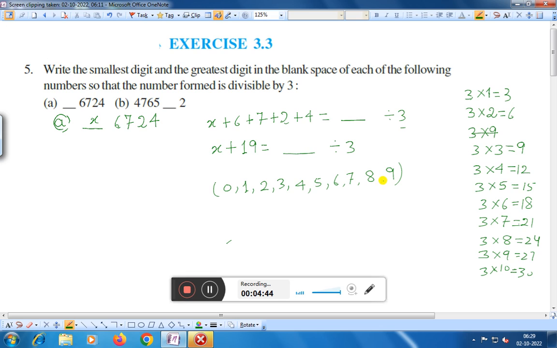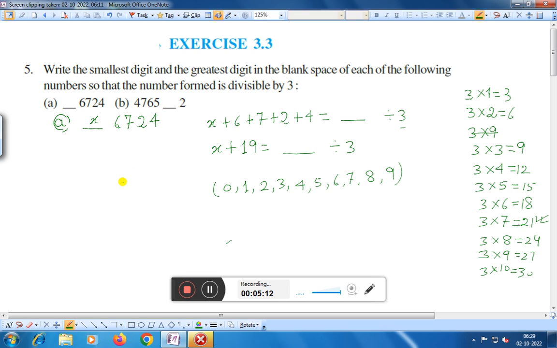Now 19 plus the dash should be divisible by 3, so the nearest number divisible by 3 is 21. If we put x equal to 0, we get 19, but 19 is not divisible by 3.